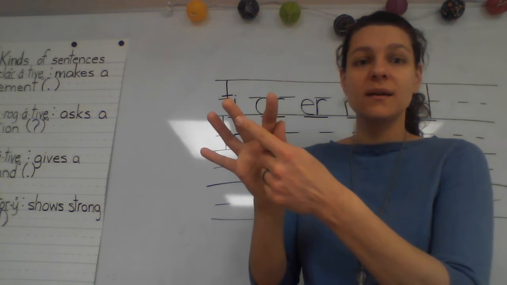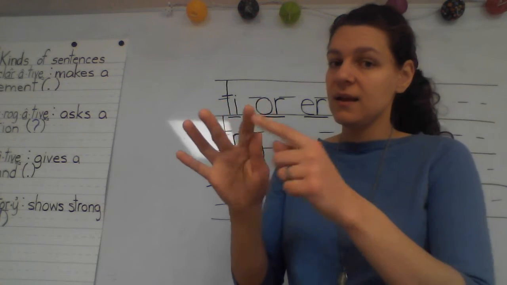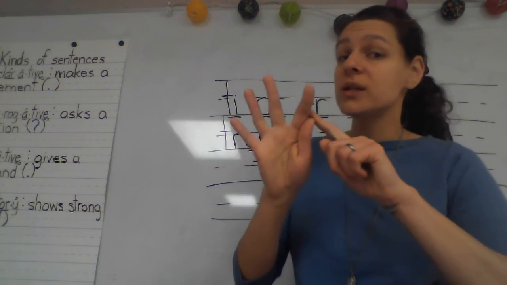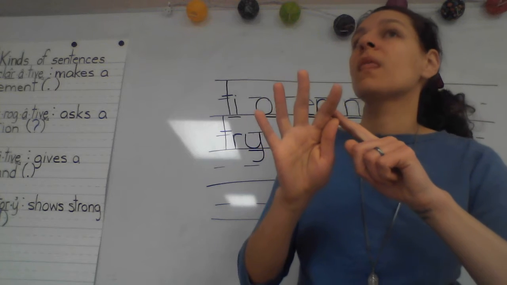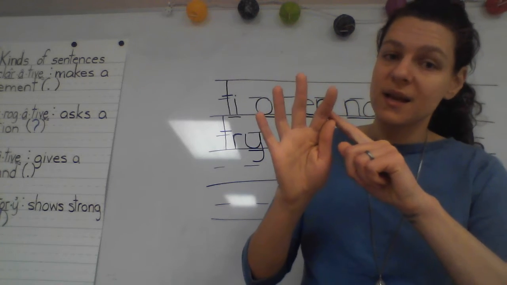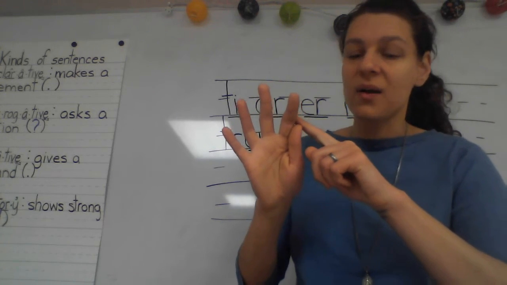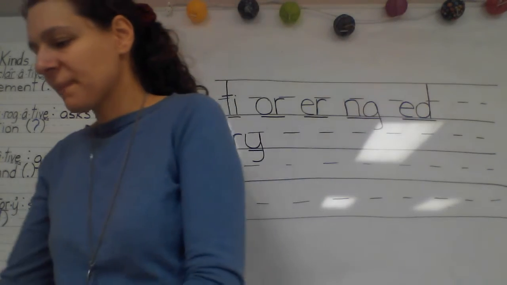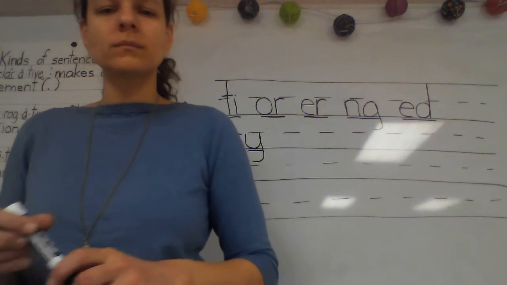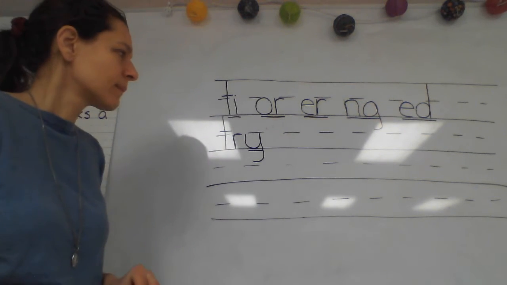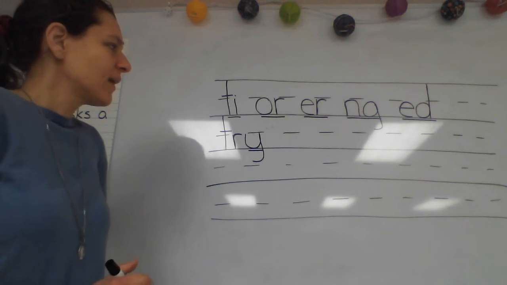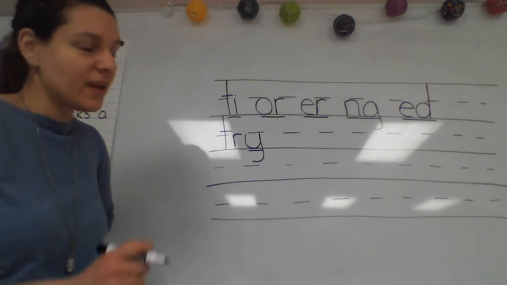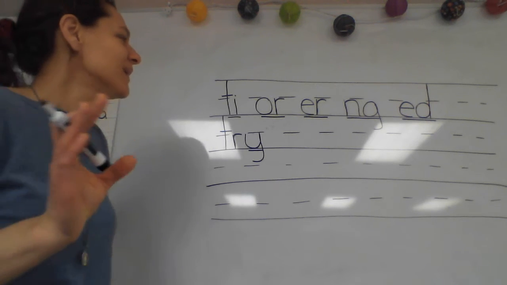Which I? Good, I-E. And which d? Good, ed, d, t, past tense ending. All right, write those sounds. Say them while you write them. All right, pause the video if you're not ready.